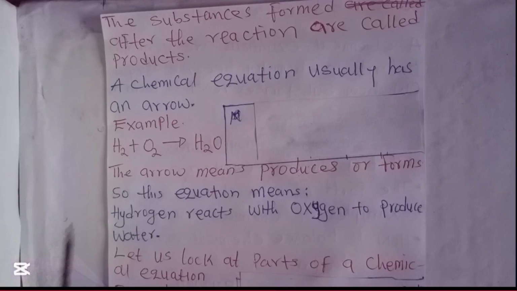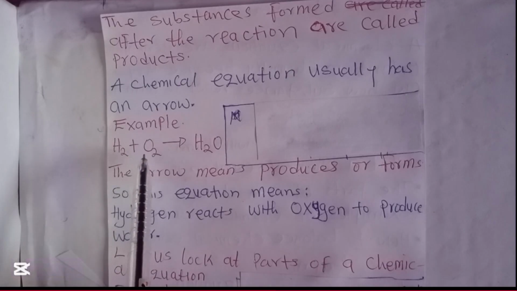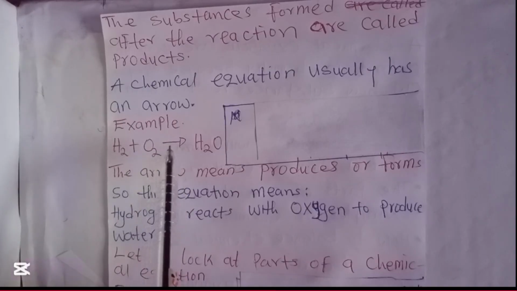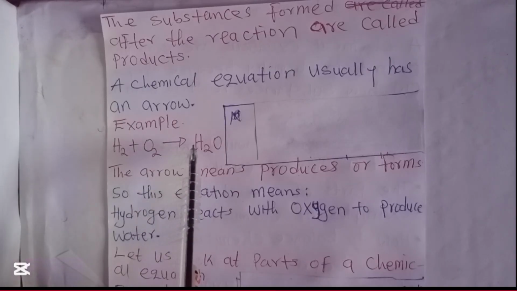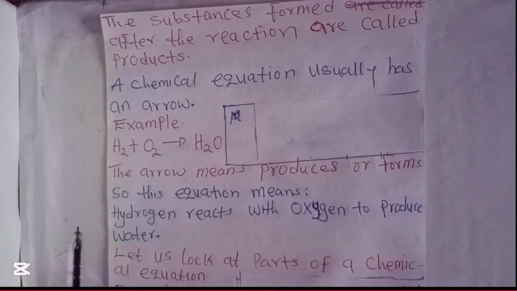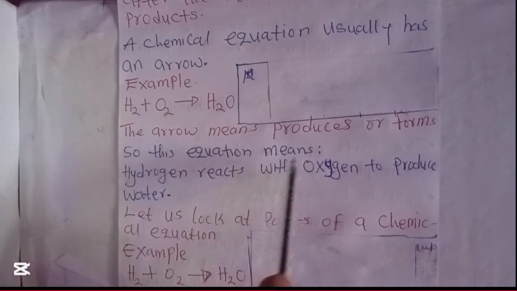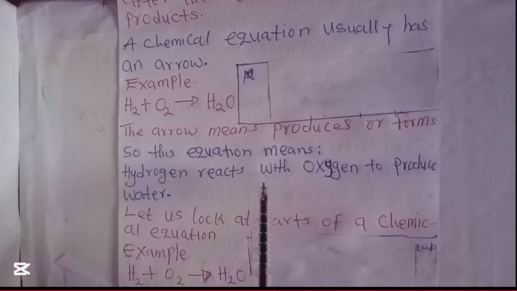Example: hydrogen plus oxygen. This is the arrow sign, giving us water. The arrow means produces or forms. So this equation means hydrogen reacts with oxygen to produce water.